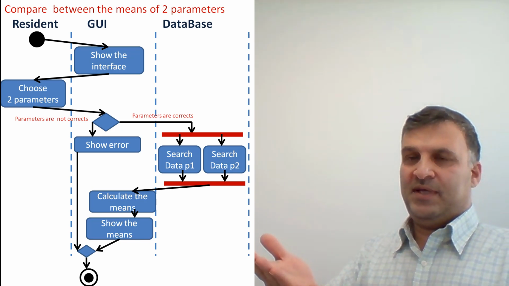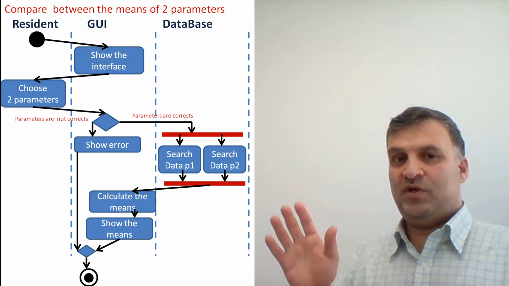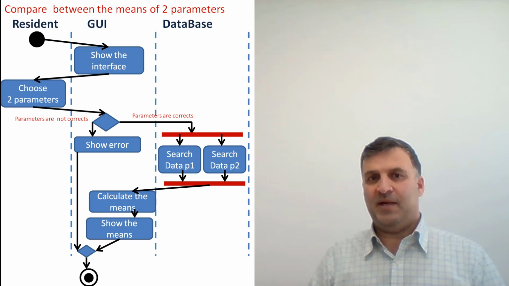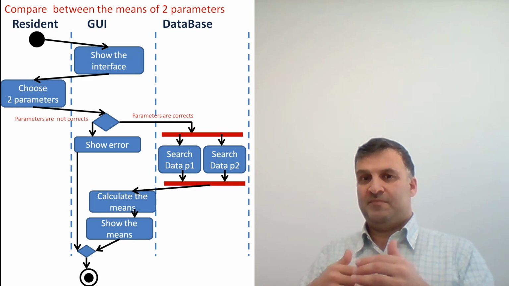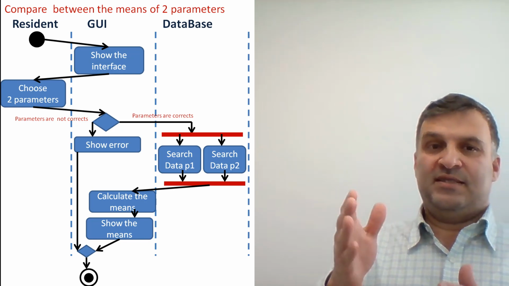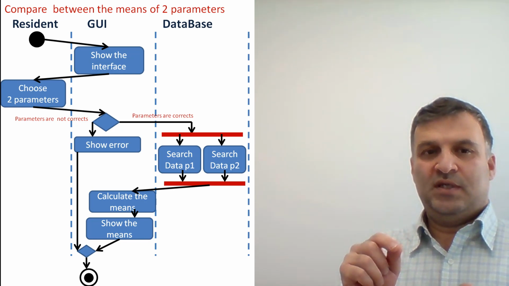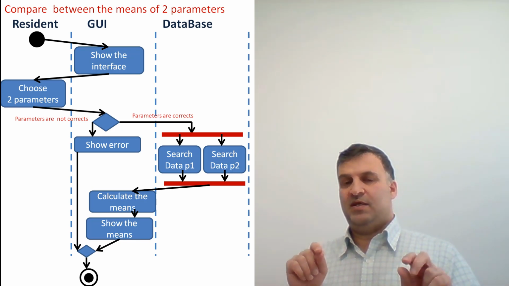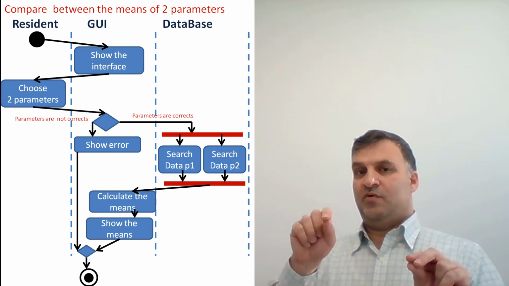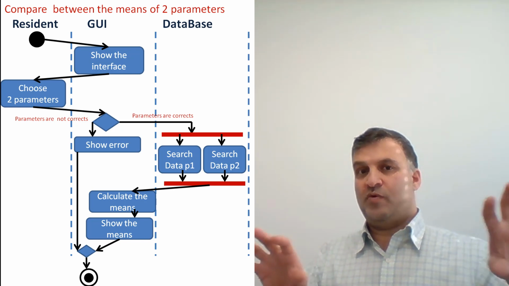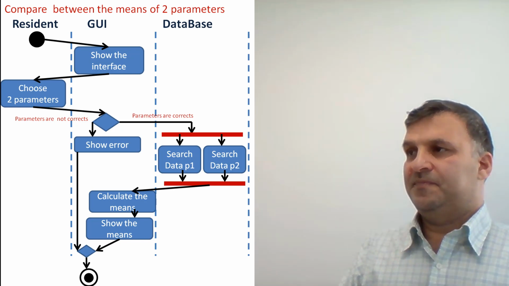When he opens the application, the GUI will show him the suitable interface of the apartment in order to let him ask what he wants. After that, it is the resident who will choose the two parameters. So he will say, for example, he wants the temperature of the room with the temperature of the bathroom in order to compare the two temperatures.